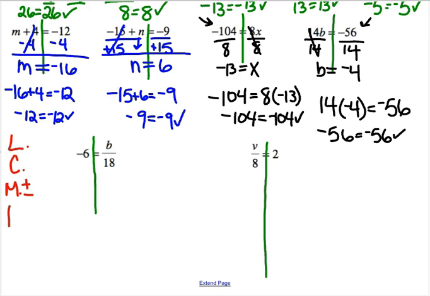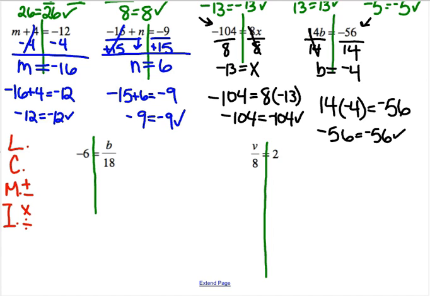Now I'm going to isolate. Isolate implies multiplication or division. It's a little bit different than what we just did. I need to isolate my variable, meaning I have b divided by 18 connected directly to it, or you could say you multiply by 1/18. You have negative 6 equals b divided by 18.